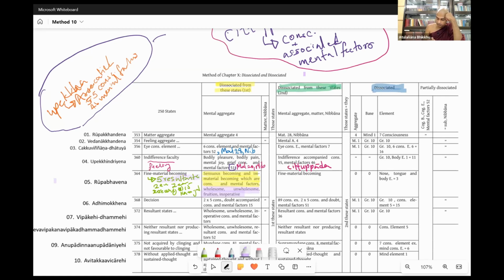We have 5 resultant chittas, which belong to the vipaka category. So this vipaka is compared with, we know the vipaka is disassociated with the kusala. It is disassociated with the akusala. It's disassociated with the pala, right?